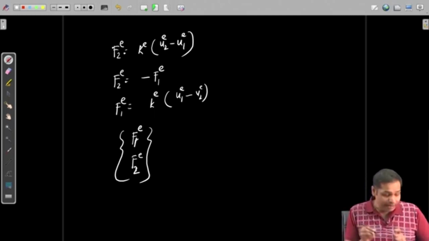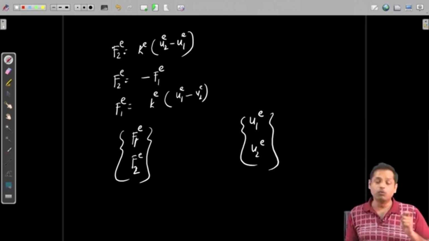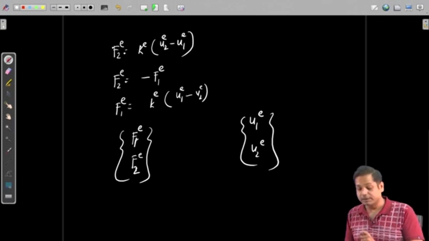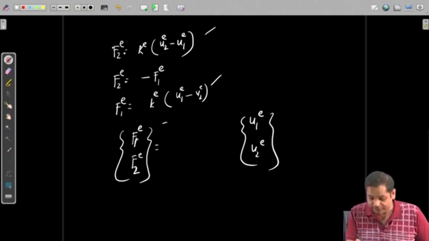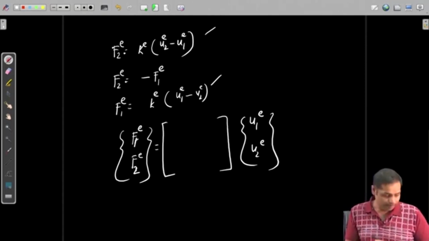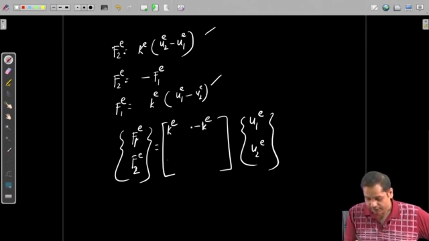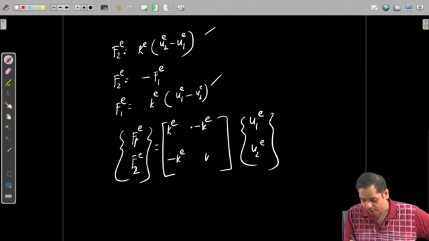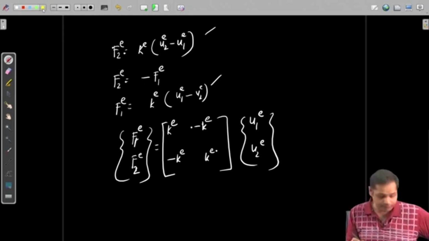And if we define another vector U1E and U2E, which is called the displacement vector, U1E is the displacement at node number 1 and U2E is the displacement at node number 2, then from these we can write the equation as K E, then minus K E. This is now the element level expression.